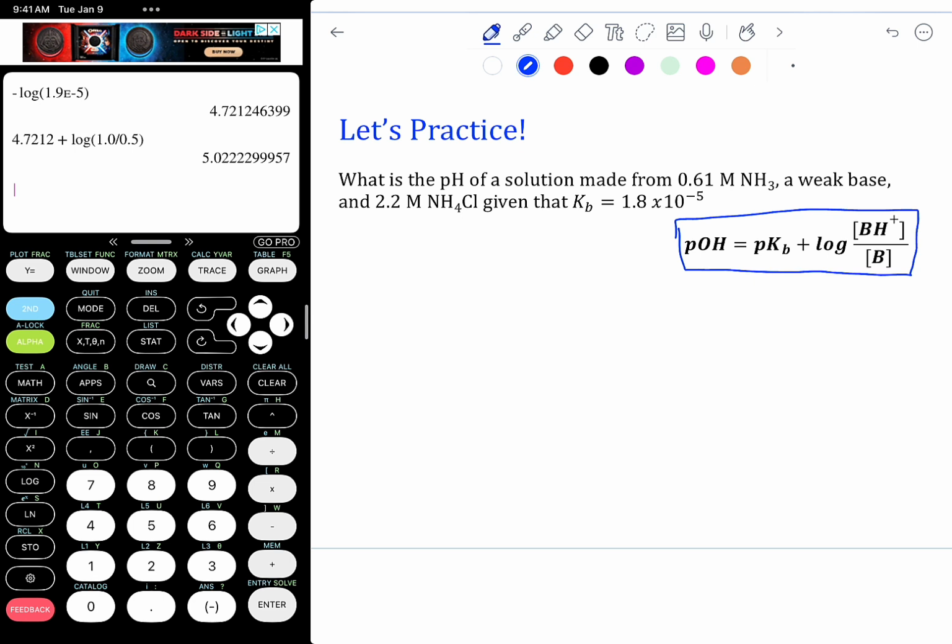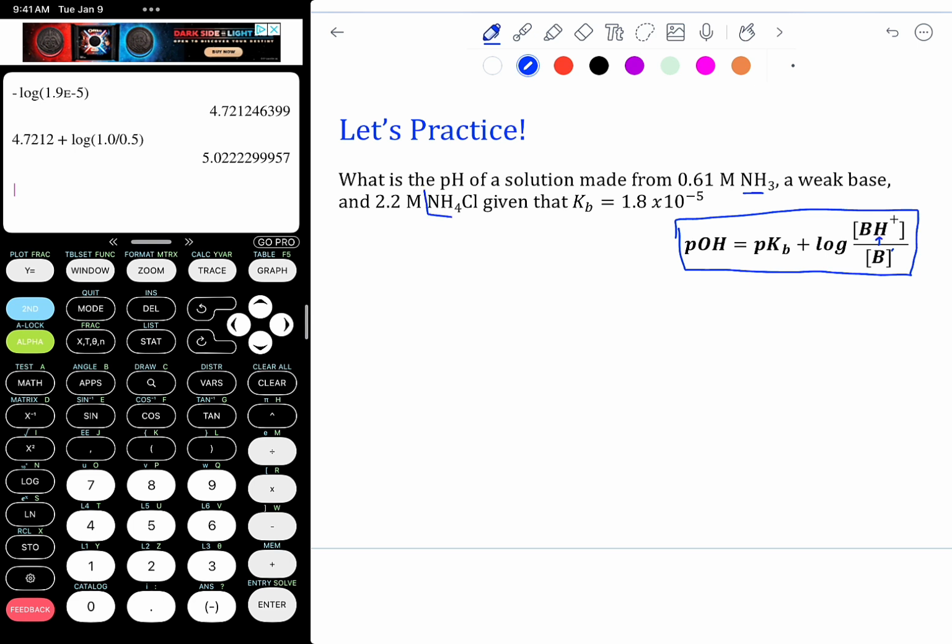We just have to remember now that our notation for our base and conjugate acid is going to be different, but we can still use the same concept that we have in the past. So we're looking for a base, defined as NH3, and our conjugate acid, our BH plus, is going to be whatever that base is with an extra hydrogen. So remember, this H means an extra hydrogen on there.